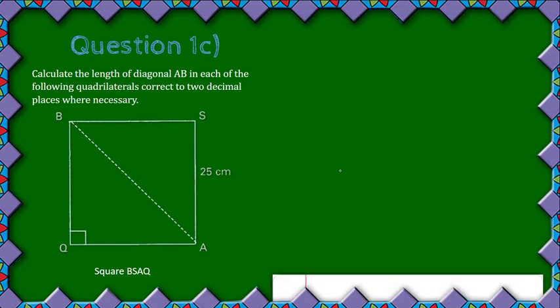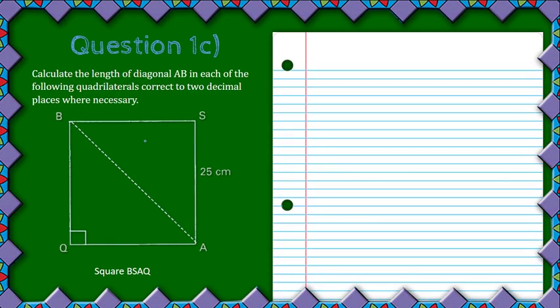Question 1c. Now we have to calculate the diagonal of a square. We've got our statement and reason, of course. Since this is a square, we know that BS is equal to AS. So I'm going to write that down: BS is equal to AS.